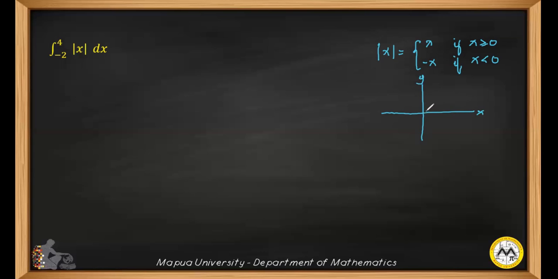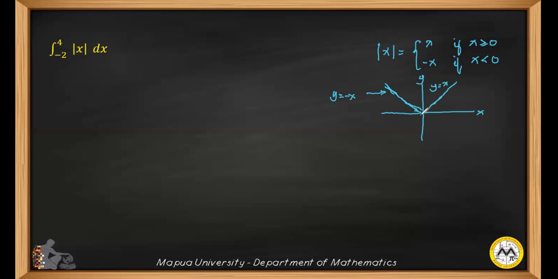Of course, this is the graph of y is equal to the absolute value of x. This one is defined as y, or f of x, is equal to negative x, the line leaning to the left, and this is y is equal to x.